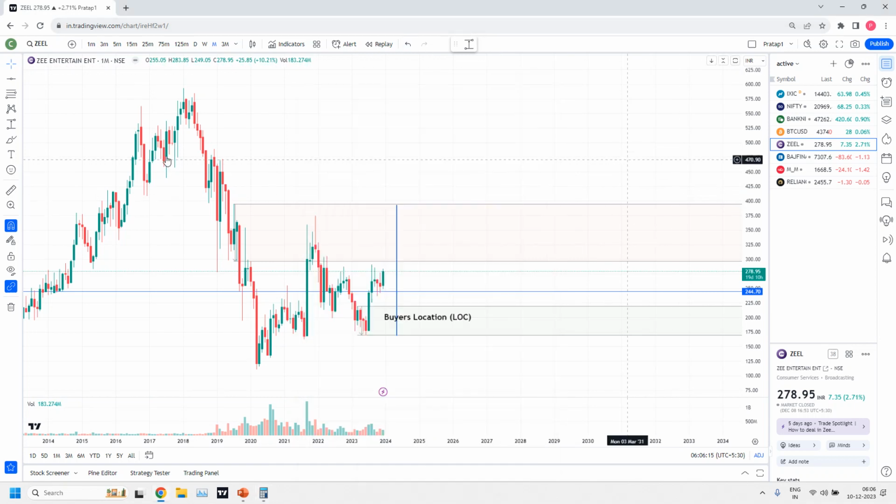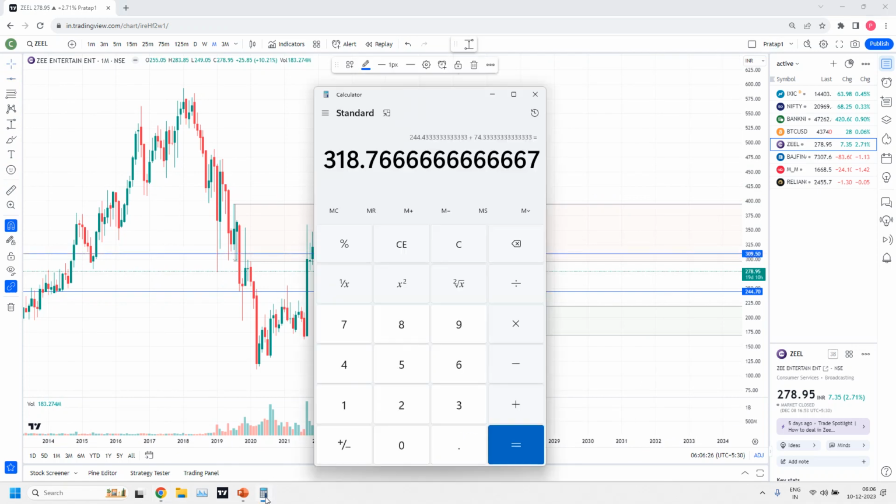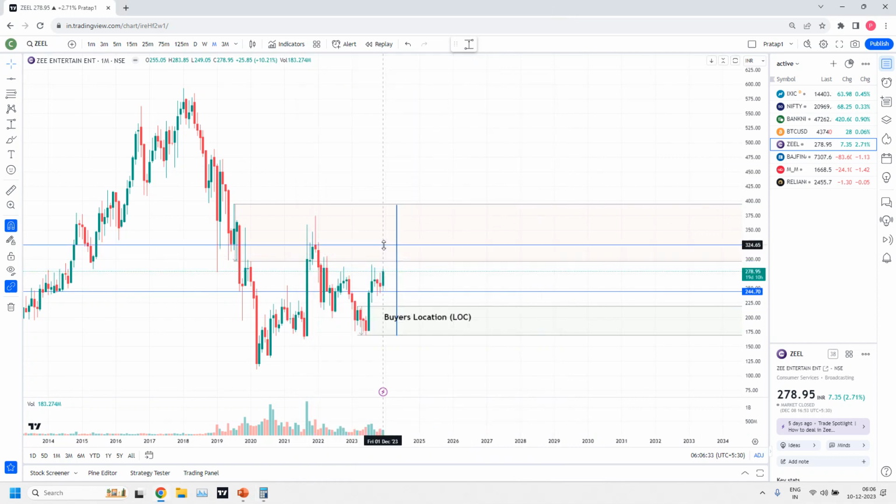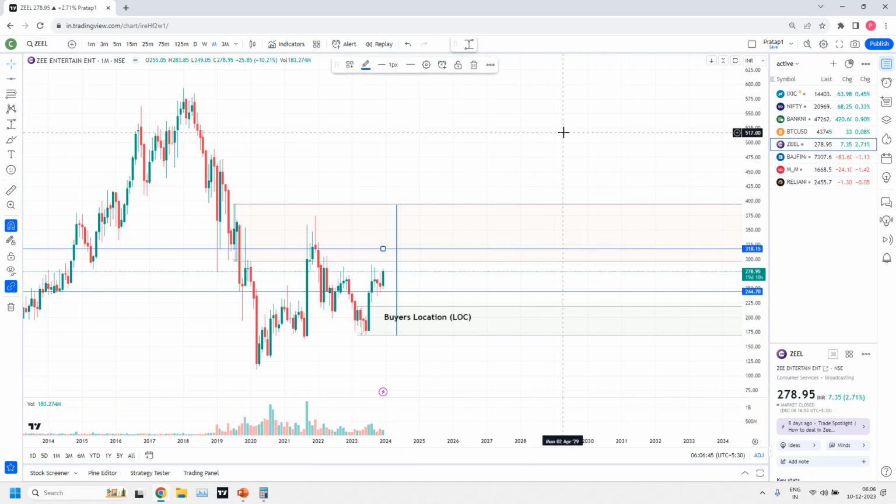Let us draw the horizontal line. 319.50, sorry, something wrong. Yeah, 318.15 approximately.